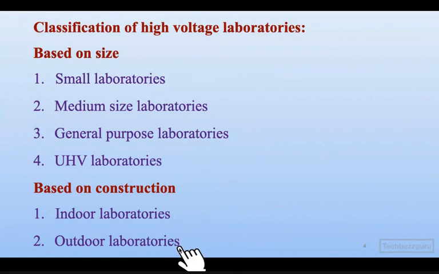This is because such a high electrostatic field is created near ultra high voltage of 1500 kV. It is not possible to limit such a testing facility within indoor premises, because of the electric field that is generated.